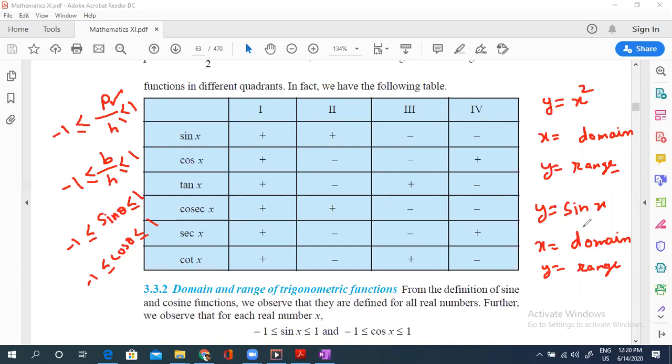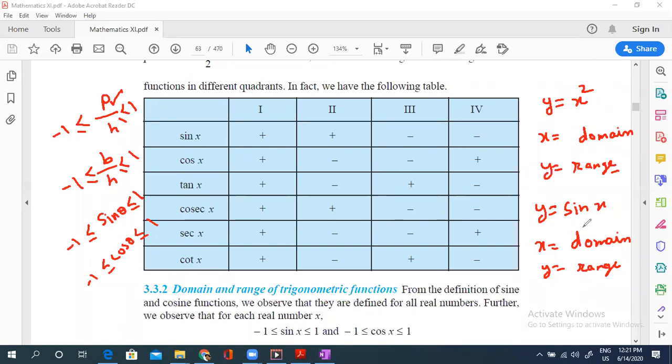Okay. Now, can you put clothes in your mixer grinder? Tell me this. Can you put clothes in your mixer grinder? No, right? Obviously. Because this mixer grinder is not made for clothes. It's not its function. Okay.